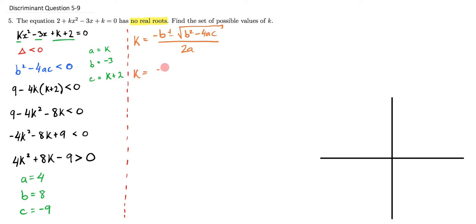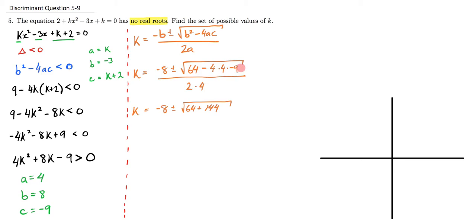Minus b will be minus 8 plus or minus the square root of b squared will be 64, minus 4 times 4 times -9, over 2 times 4, which will be k equals -8 plus or minus the square root of 64 minus 4 times 4 is 16. 16 times 9 is 144, and I've got two negatives, so it's going to be plus 144.